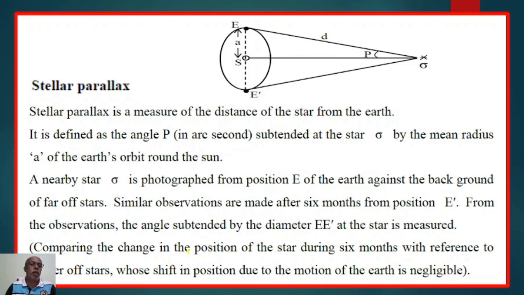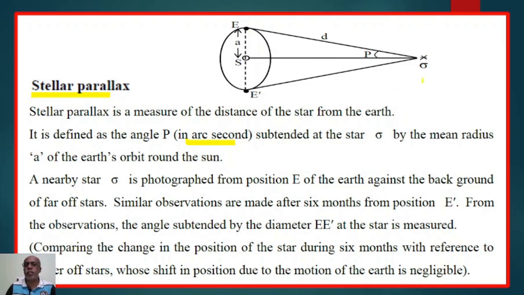So now coming to stellar parallax. Stellar parallax is a measure of distance of the star from the Earth. Stellar parallax is defined as the angle, in arcseconds, subtended by the star with the mean radius of the Earth's orbit round the Sun.